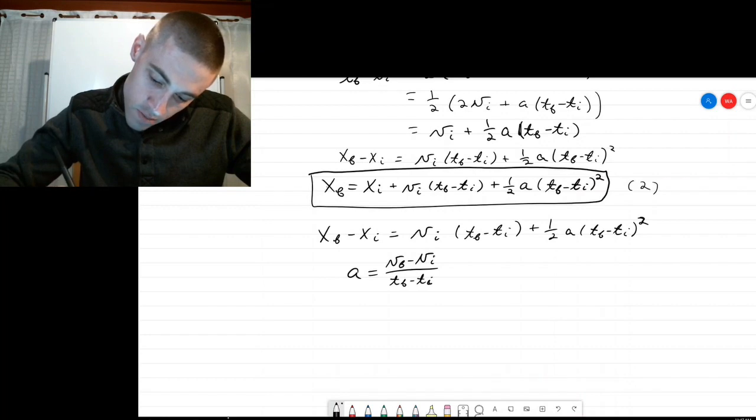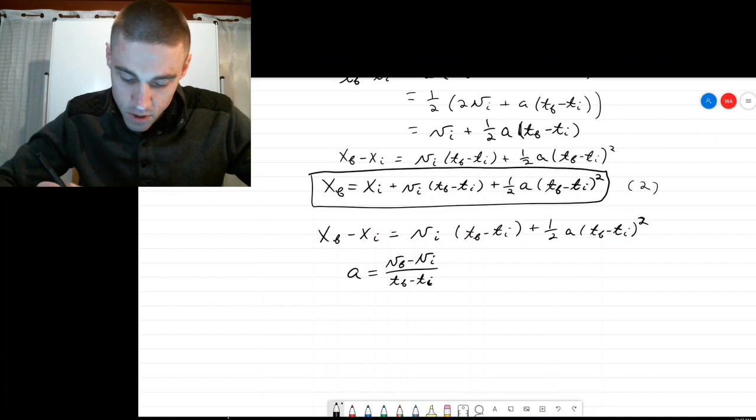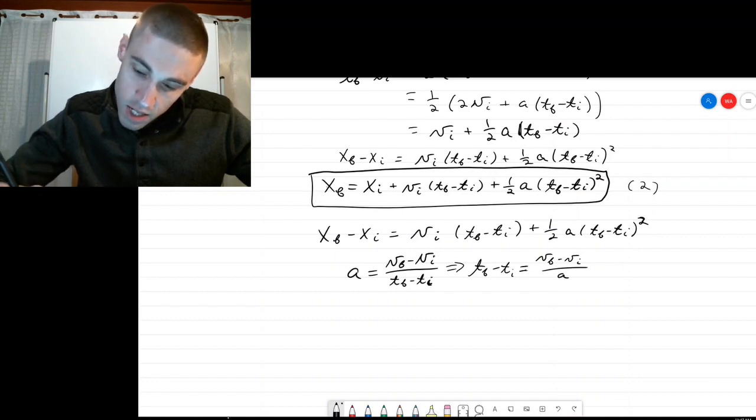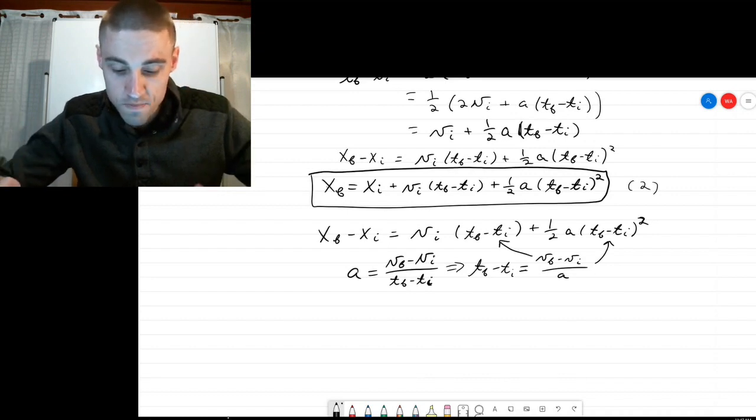If I know the speeds and I know the acceleration, then I can just get rid of this t final minus t initial, which is v final minus v initial divided by a. Just doing algebra here. And I can plug it in there to get rid of time on both sides of this equation.